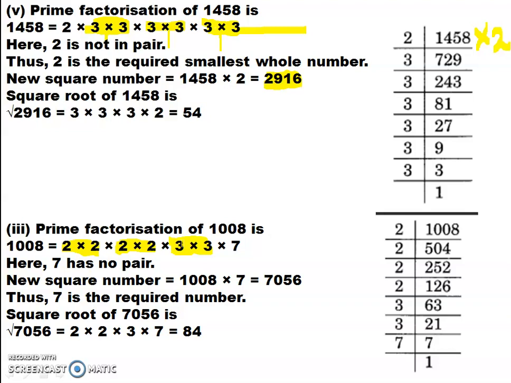So the smallest whole number to be multiplied is 7. Clear? So what is the square root of 7056? It is 2 into 2 into 3 into 7. That is 84. Hope you got this.